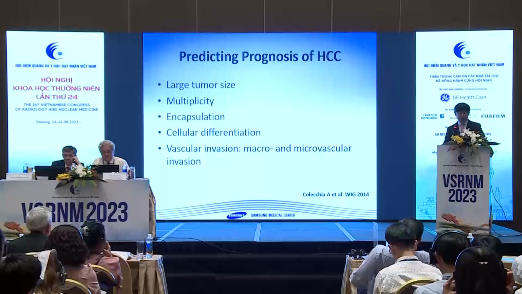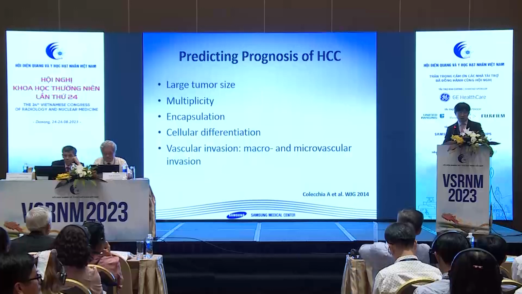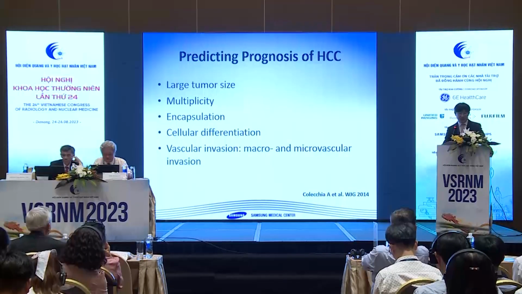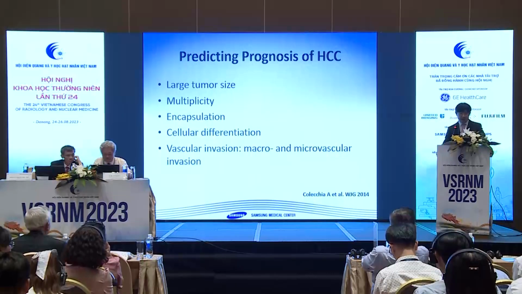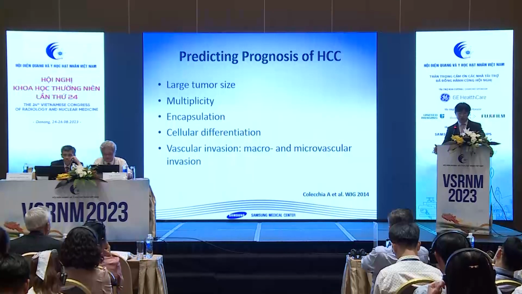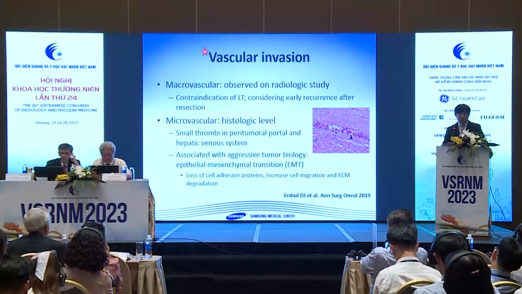Actually, we know many poor prognostic factors such as large tumor size and multiplicity, the absence of encapsulation, poor cellular differentiation, and vascular invasion such as macrovascular tumor thrombosis and microvascular invasion.